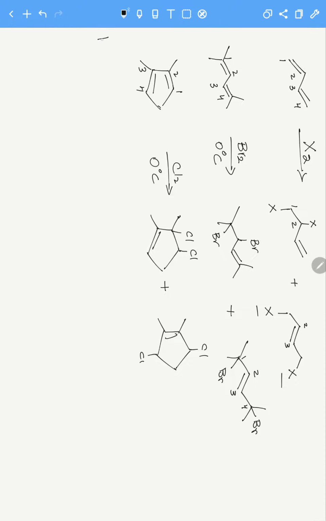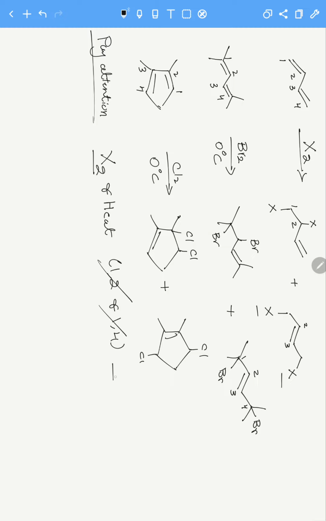Here you have to pay attention to something. And this is only specific for the case of X2. If the reaction conditions are X2 and heat, sometimes instead of getting the 1,2 and 1,4, allylic bromination may occur, or allylic halogenation may occur, which is the one that was explained in one of the previous videos.